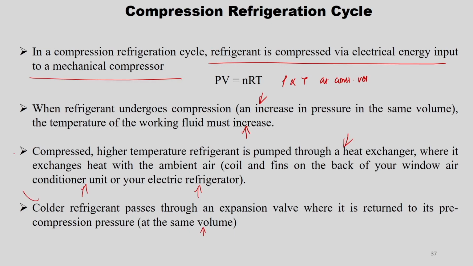Again this cycle goes on for refrigeration effect. So, instead of this particular mechanical compressor, we are going to replace this one with a thermal compressor, so that we do not require any electrical input.